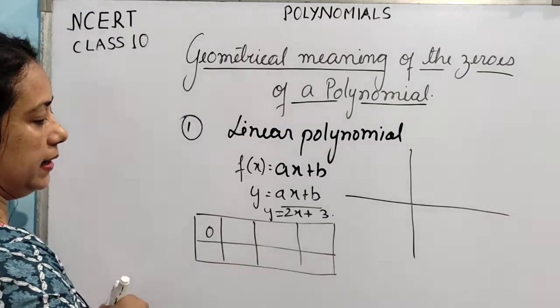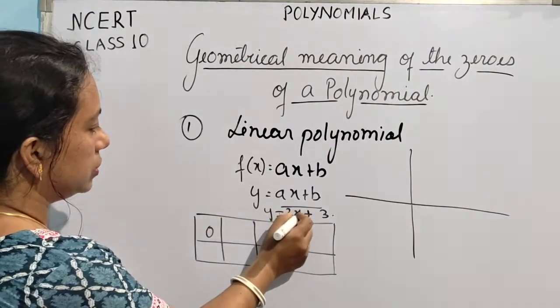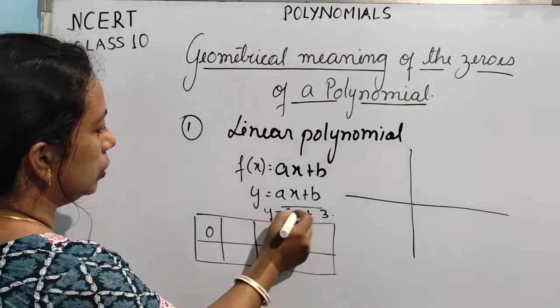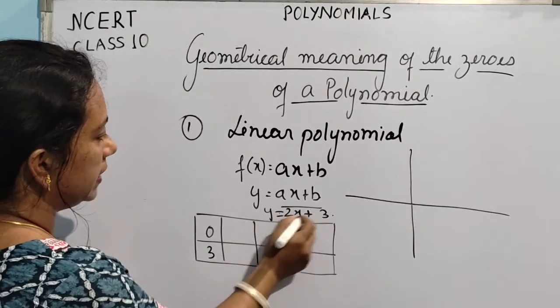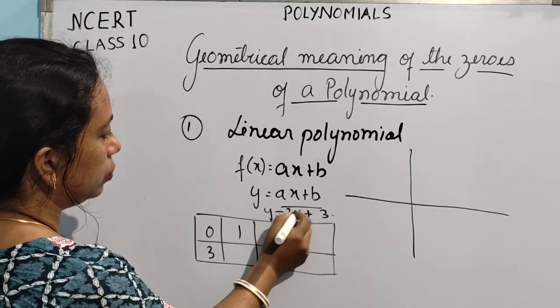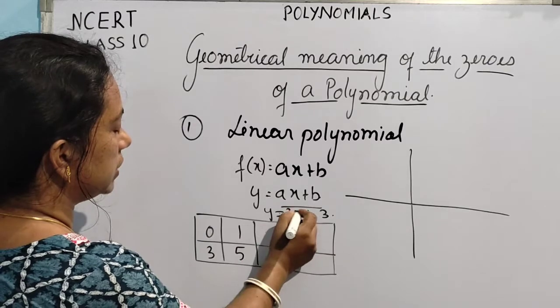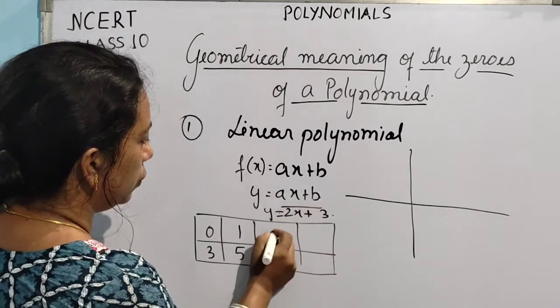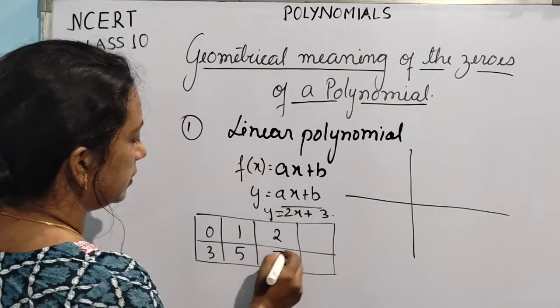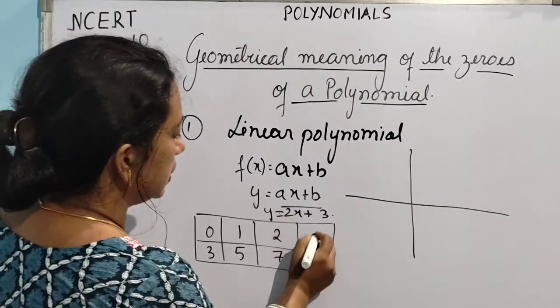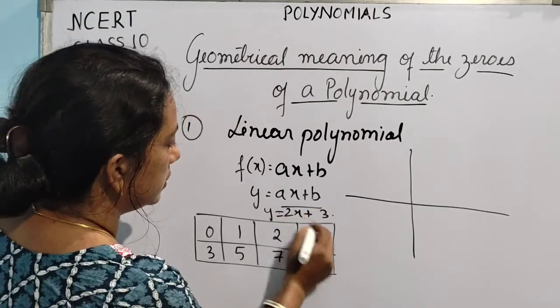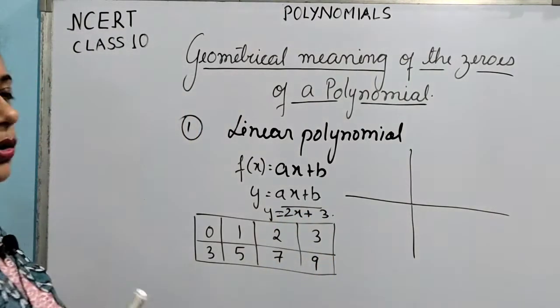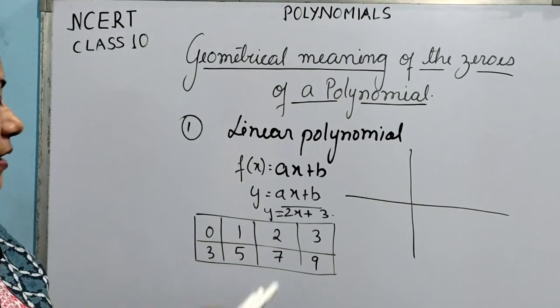So ultimately, suppose x equal to 0, we will have y equal to 3. x is equal to 1, 2 ones are 2 plus 3, 5. Suppose x is equal to 2, 2 twos are 4, 4 plus 3, 7, like that. 3 twos are 6, 6 plus 3, 9. So these are the points that we will be getting.